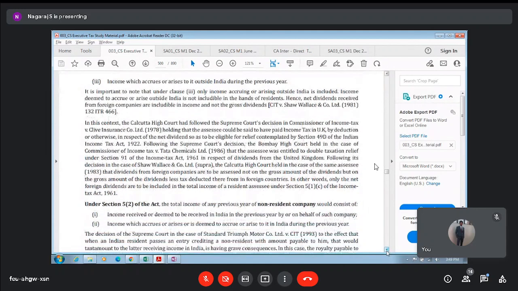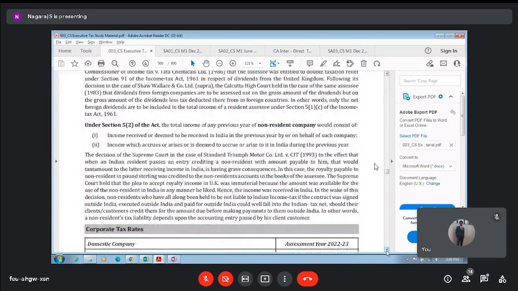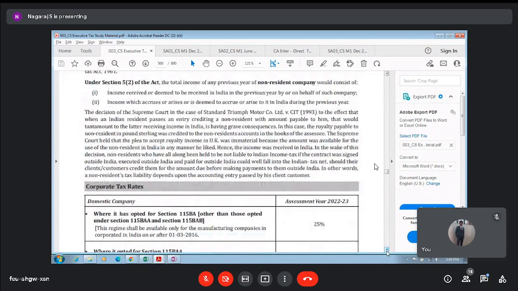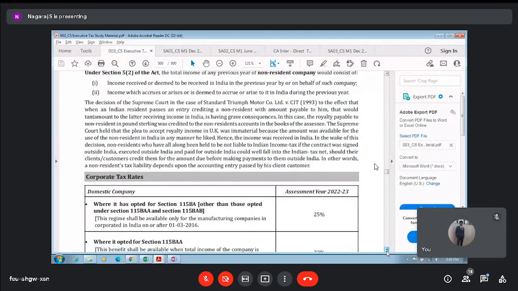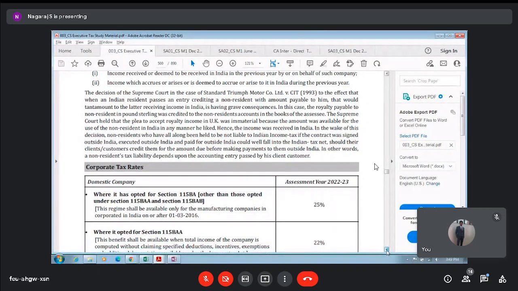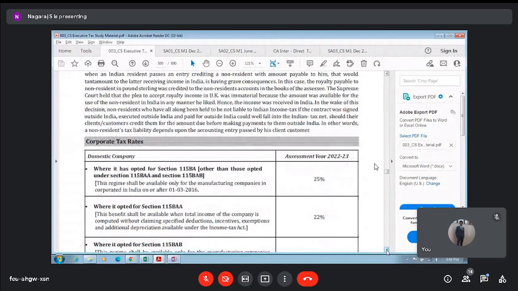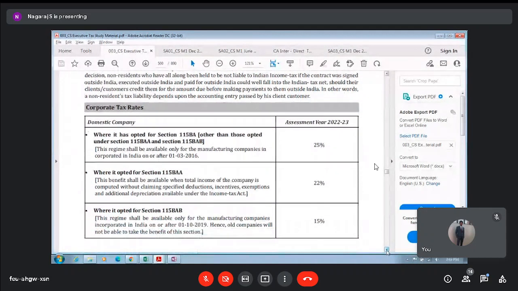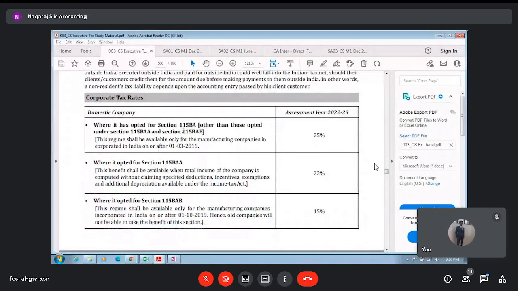Can you tell me the rates at least? 15, 22, 25, 30. 30 is the common rate. Then there is one 25% tax rate.